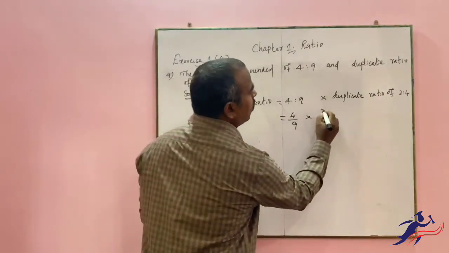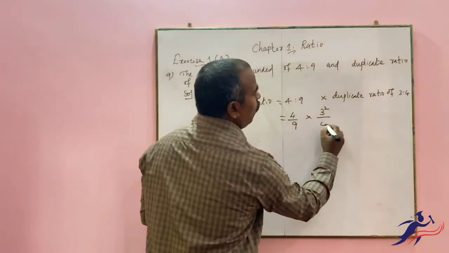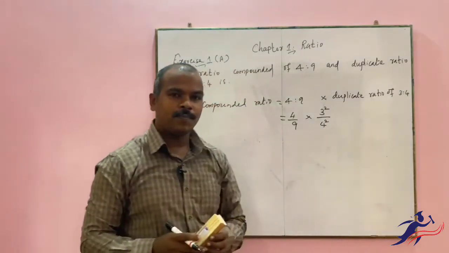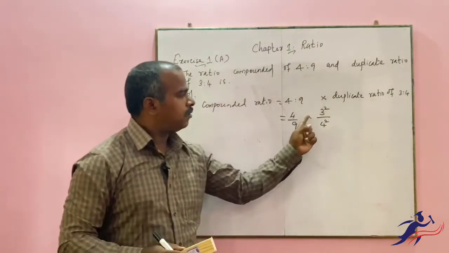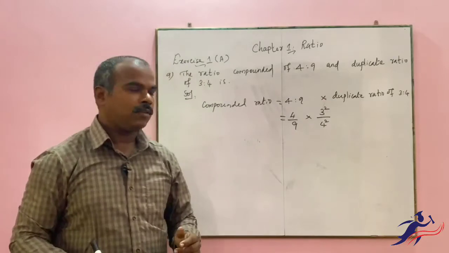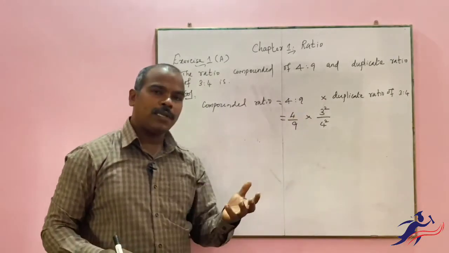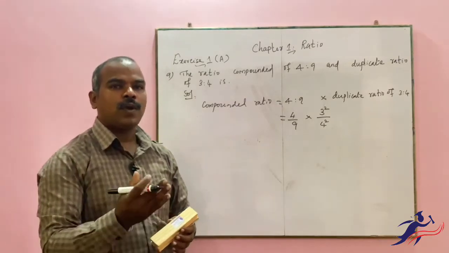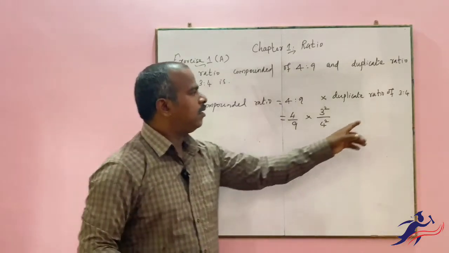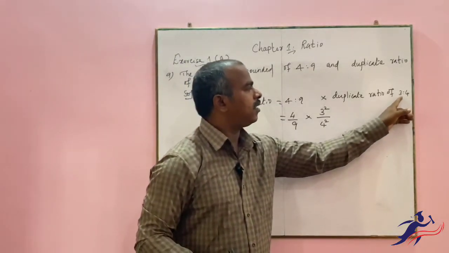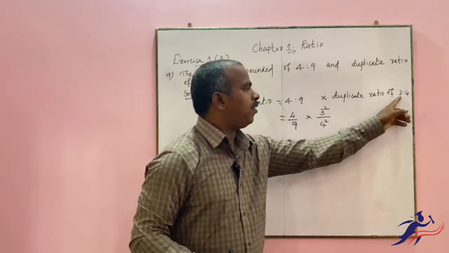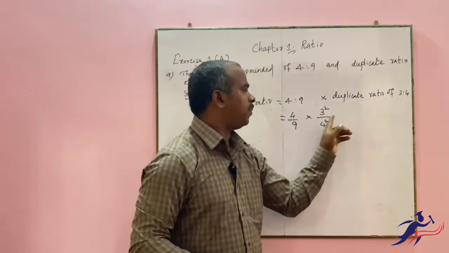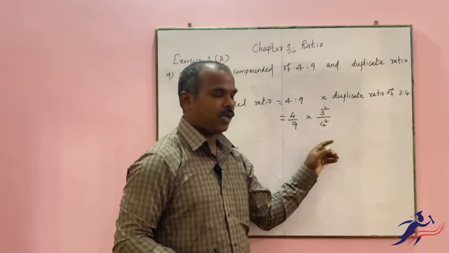That is 3 square by 4 square. This one you understood, I think. That is, duplicate ratio of A is to B can be written as A square is to B square. Therefore, A is to B in the sense 3 is to 4. Therefore, the duplicate ratio of 3 is to 4 can be written as 3 square by 4 square.